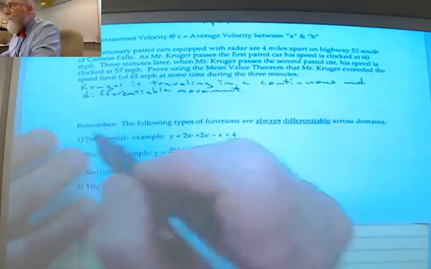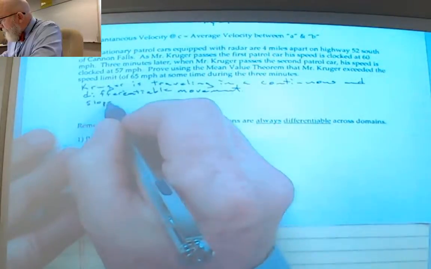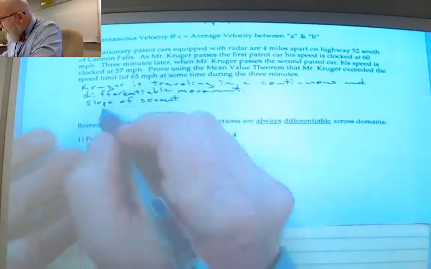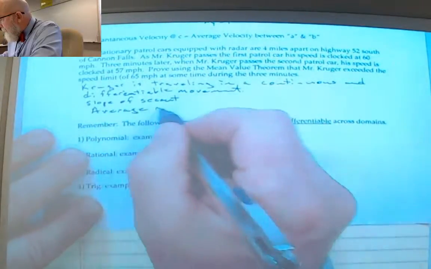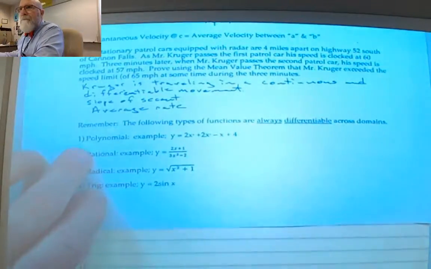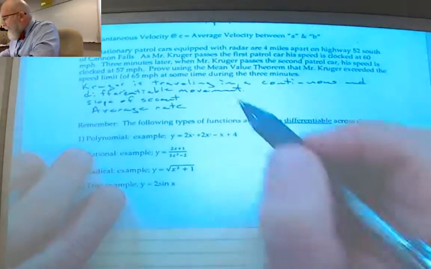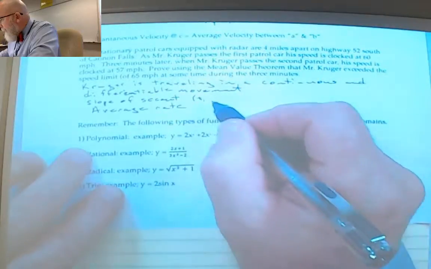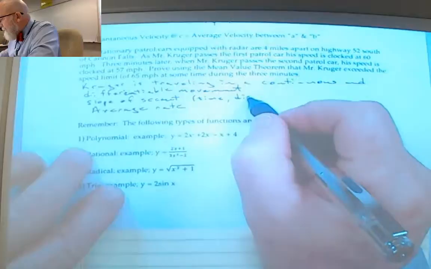Okay, so the first thing I need is a slope of a secant line, but what I'm really saying is average rate. So my ordered pair is time, distance.